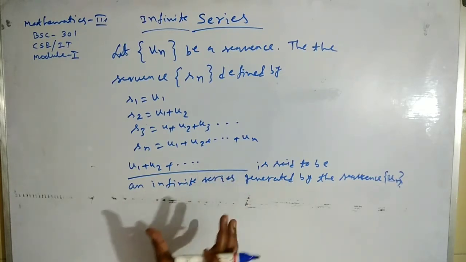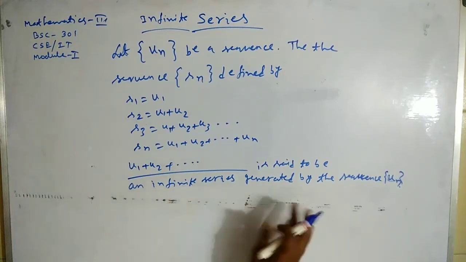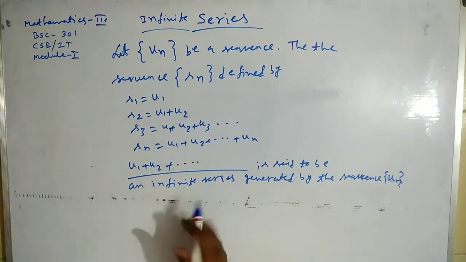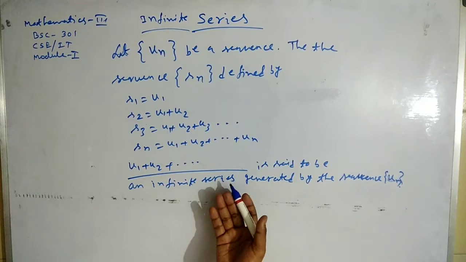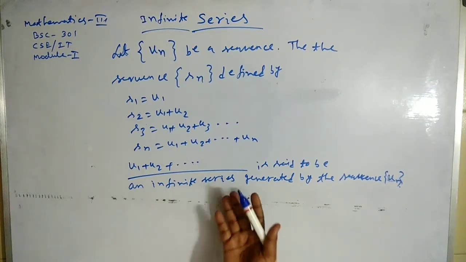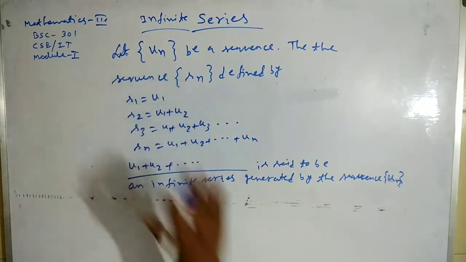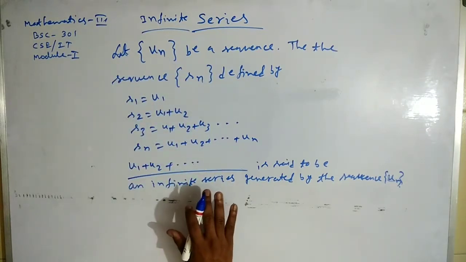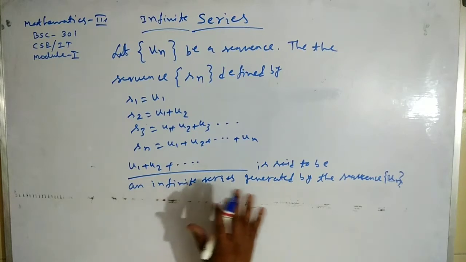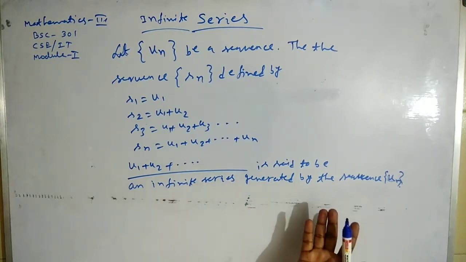So this summation is said to be the infinite series, and from which are we getting this infinite series? We are getting it from the sequence Sn, and it is generated by the sequence Un. So this is called the infinite series generated by the sequence Un.